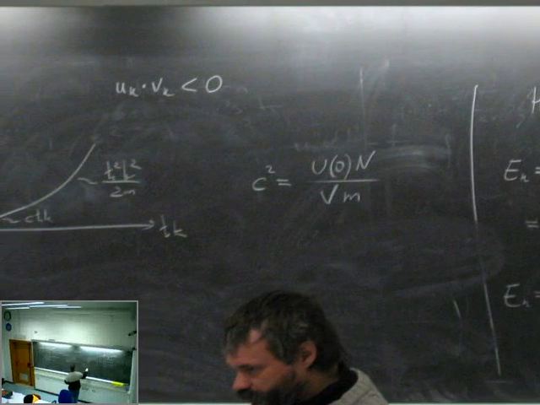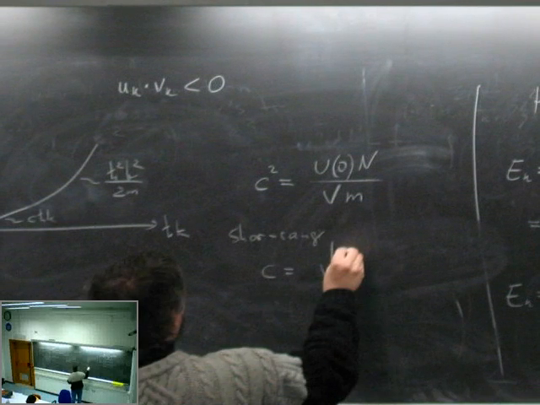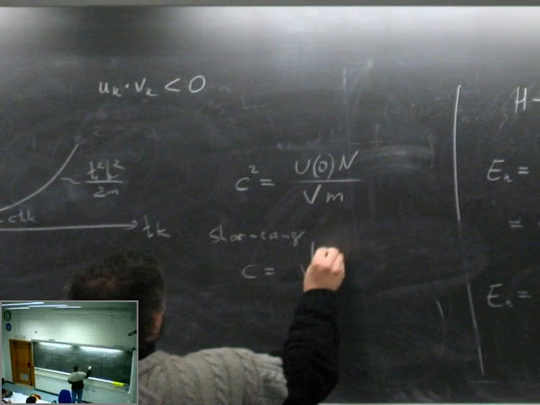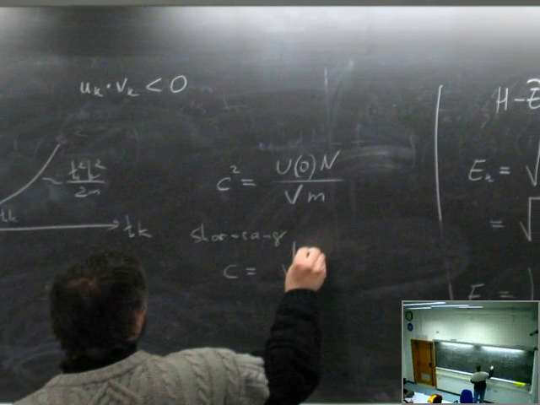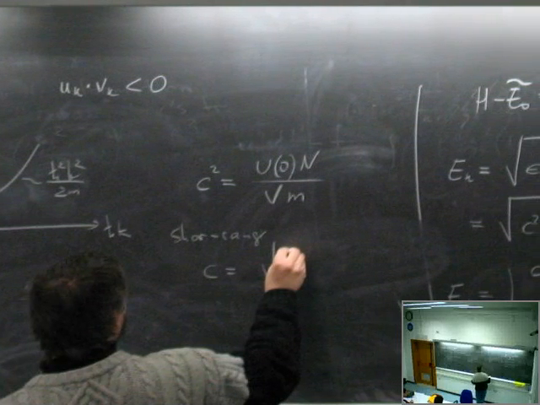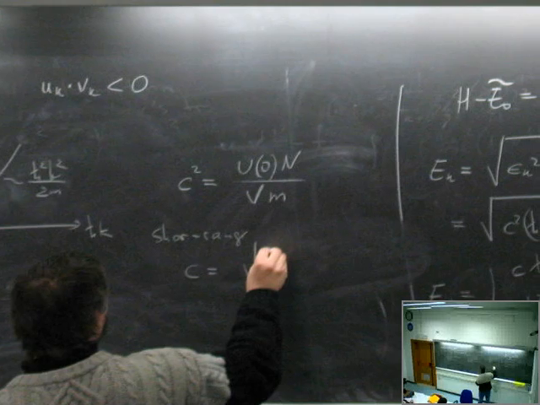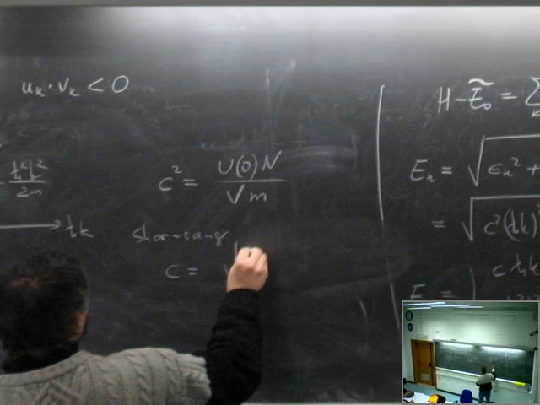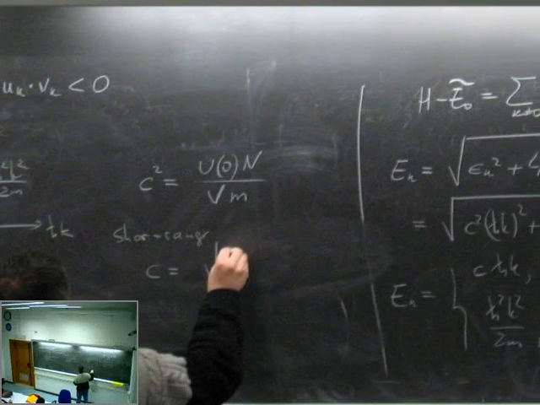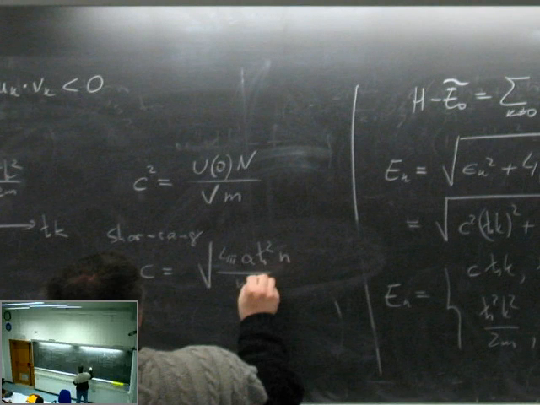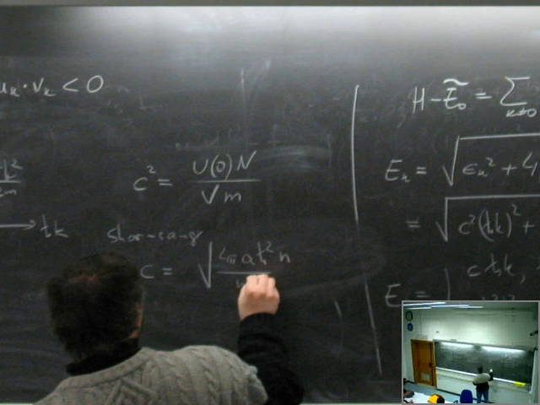C is then equal to the square root of 4 pi a h squared over m times n over m, once more.